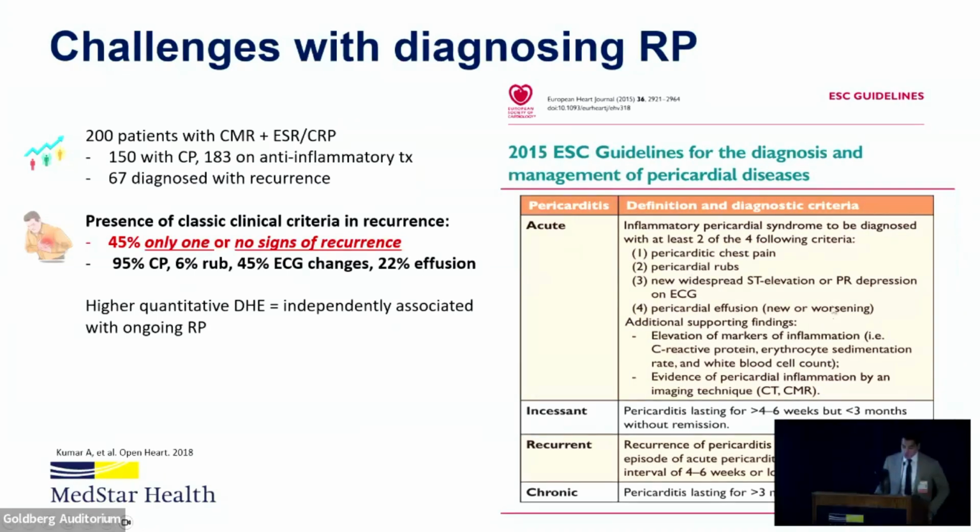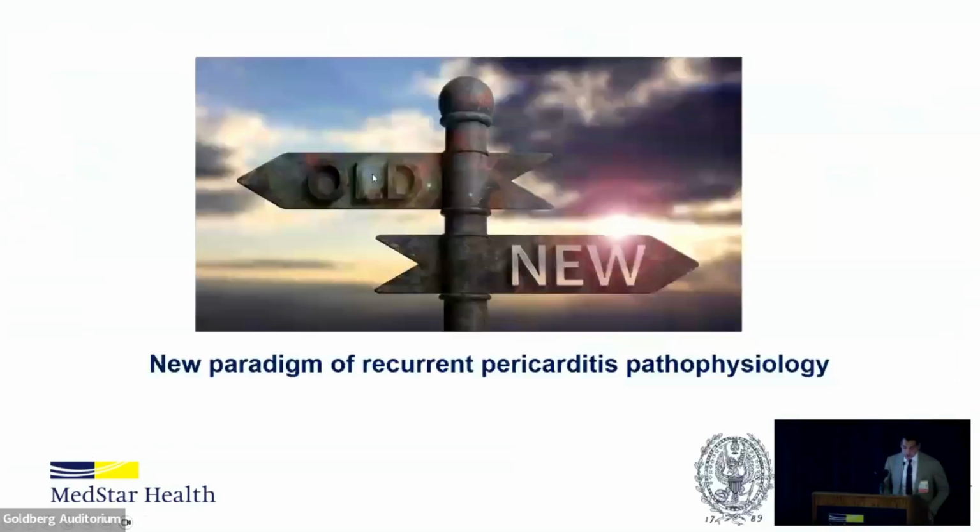So if you're only going by this criteria, which we can all recognize as very, very important and has a very good positive predictive value, recurrences can be fairly atypical and can really, really fool you. So we really want to be thinking about some advanced imaging with cardiac MRI for these patients because we'll be missing them.